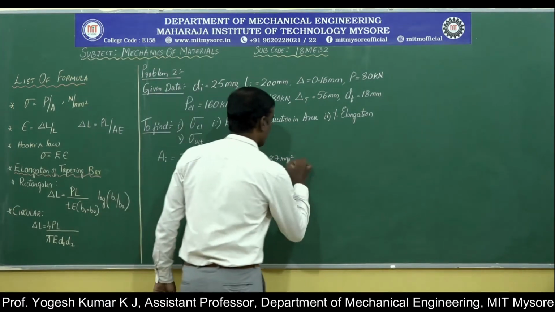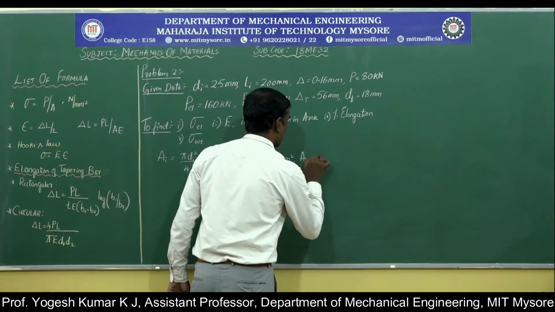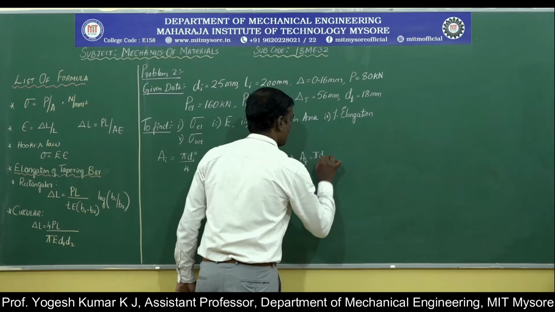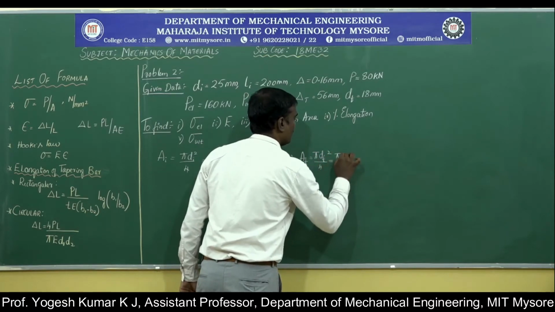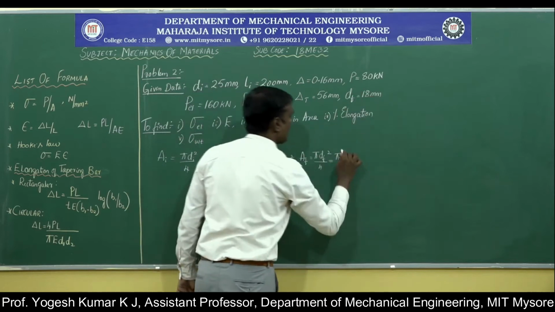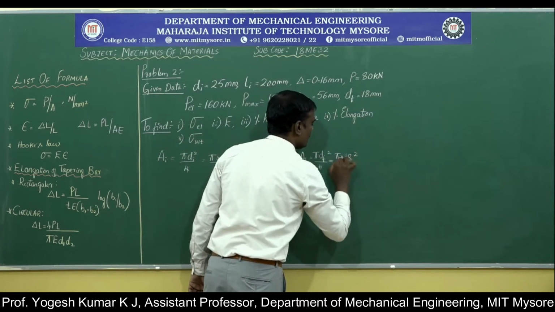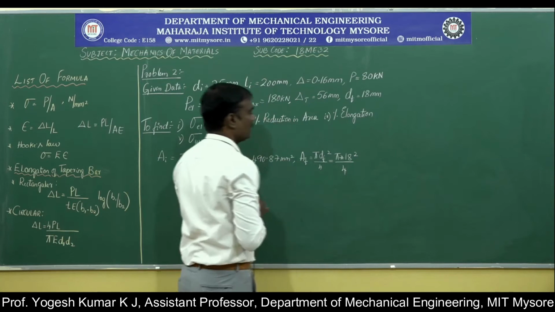Let us find the final area. A_f equals pi d_f square divided by 4. Pi, the final diameter 18 square, divided by 4.